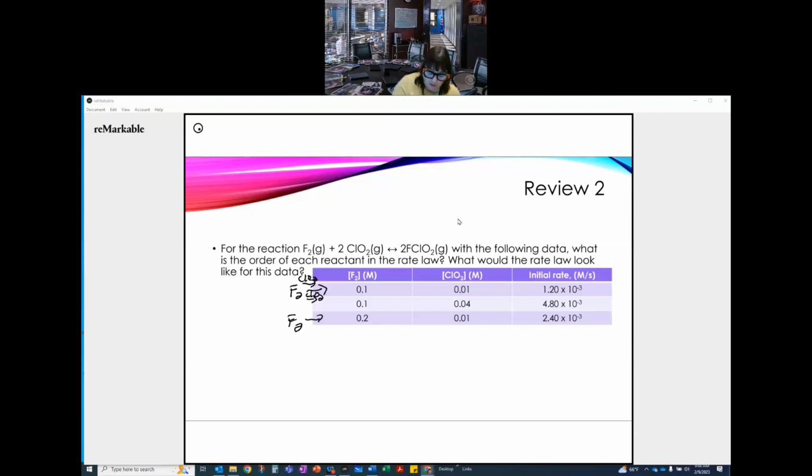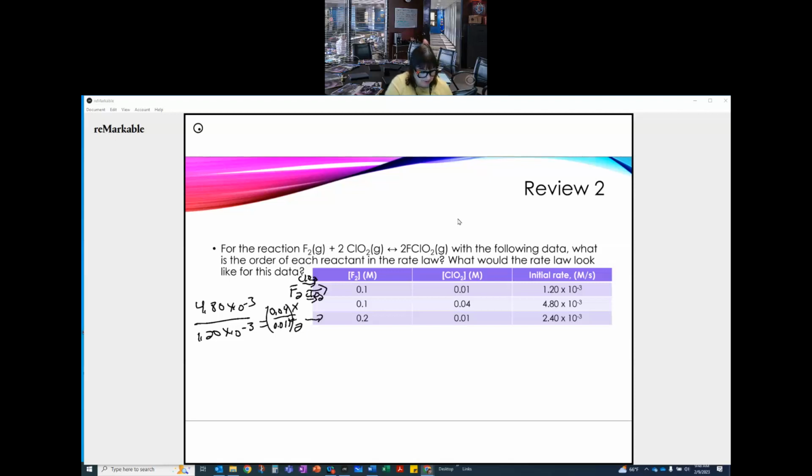That way I get integers, or something greater than 1 or greater than 0 that I can deal with. So if I'm going to look at ClO2, I have 4.80 times 10 to the minus 3 over 1.20 times 10 to the minus 3. And that's equal to 0.04 over 0.01. And we're looking for the exponent on this right here.